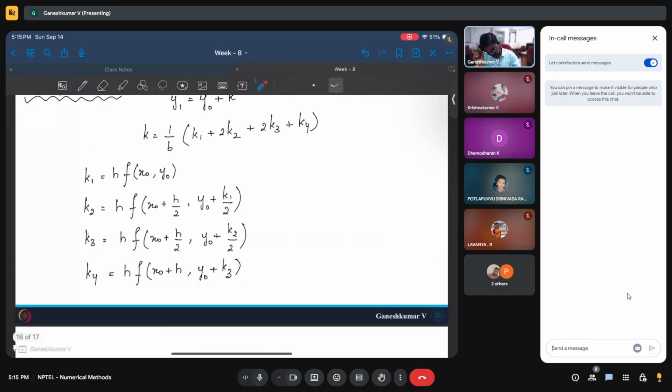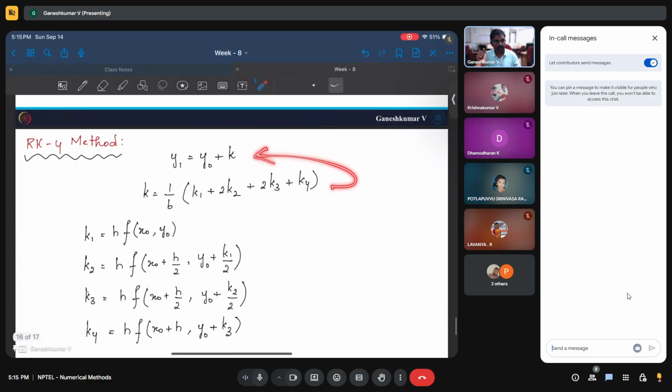Once you evaluate these k, you substitute them here, and substituting this whole k into y, you will end up having the y for that step.